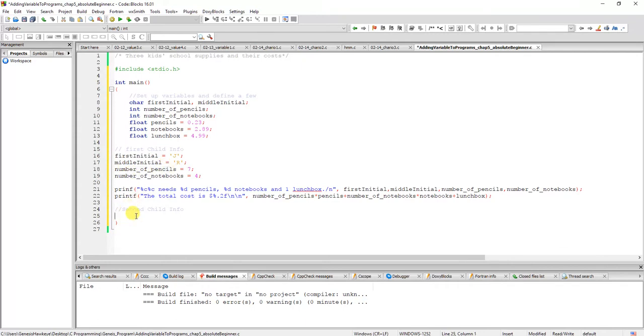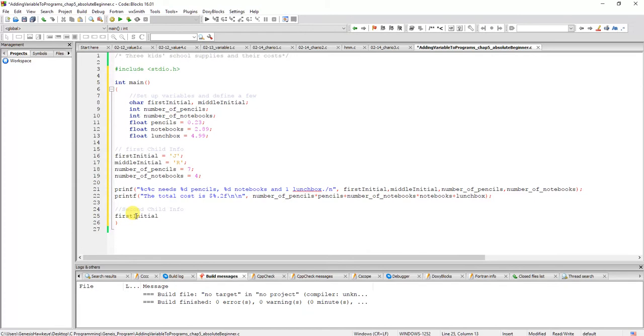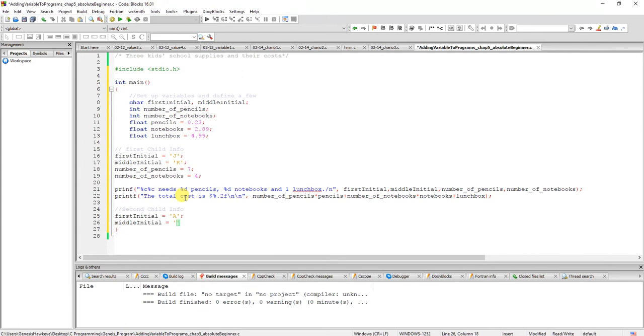So the first initial of the second child is going to be A. Remember, this is a character. First initial, middle initial. It's going to be A, and in the sentence with this, the middle initial will be J. So AJ, that's his name.